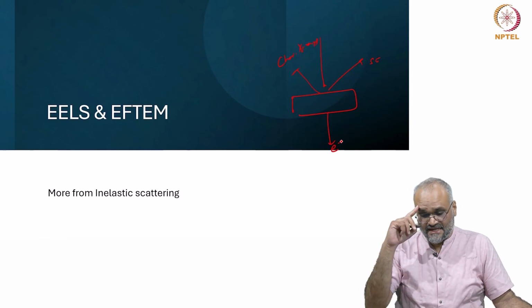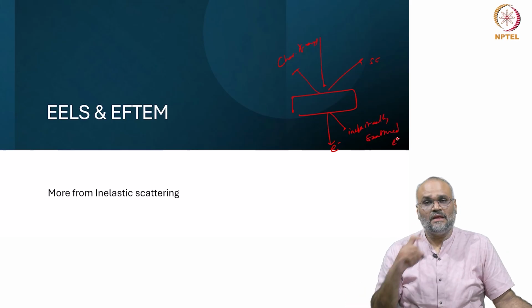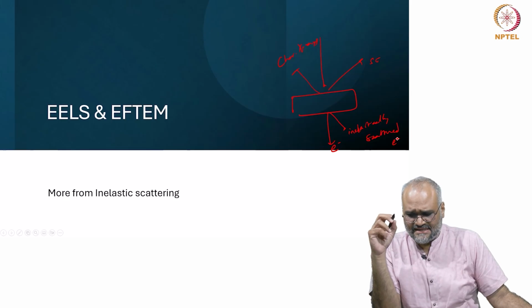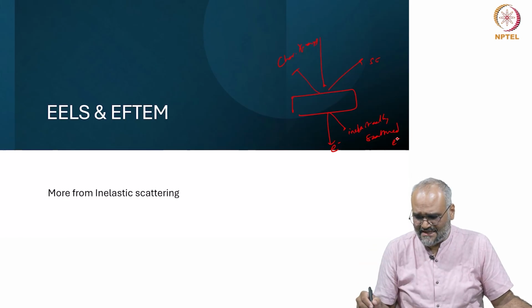We call this the direct beam, and then we've written something as inelastically scattered electrons. So this technique of electron energy loss spectroscopy primarily relies on the inelastically scattered electrons.